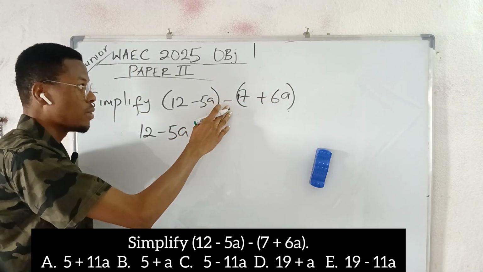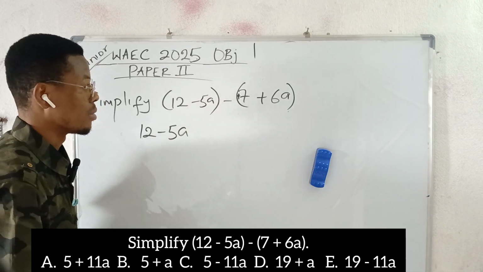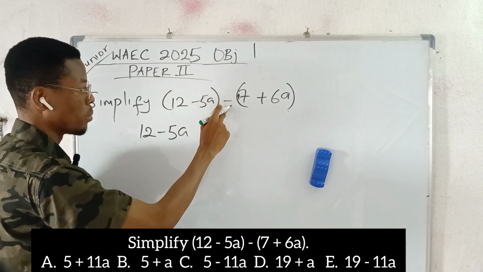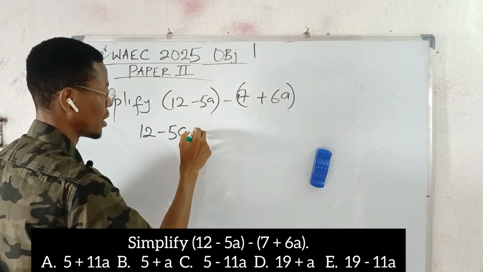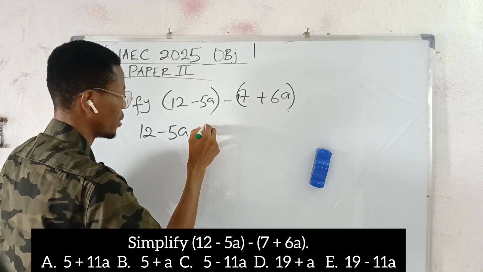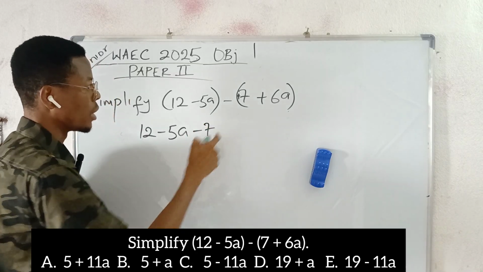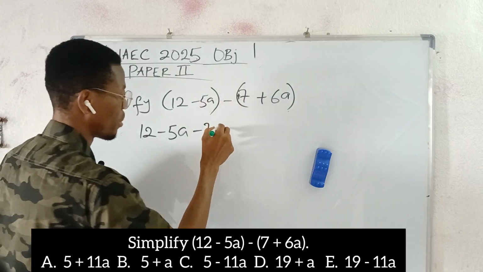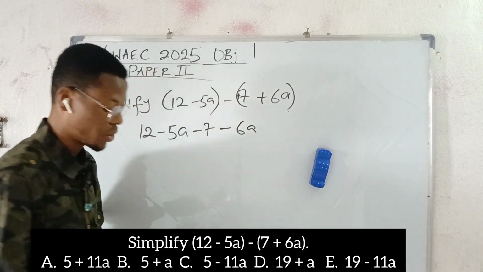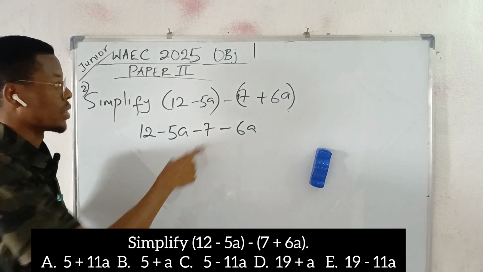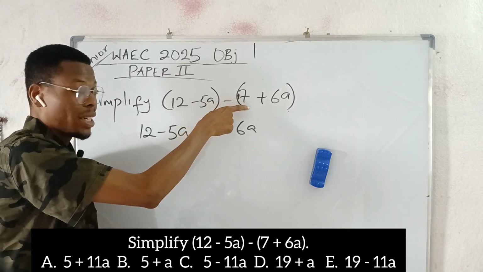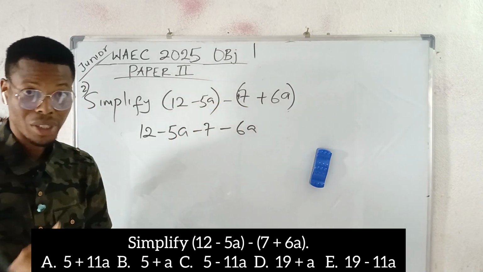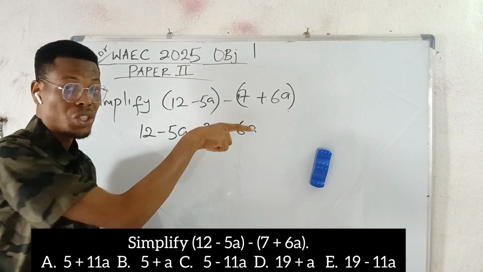So minus times plus gives us minus 7. Then the minus multiplied by this positive gives us minus 6a. Are you seeing it? You can see the negative sign actually affects everything inside the bracket, especially our sign. It actually caused the change in our sign.